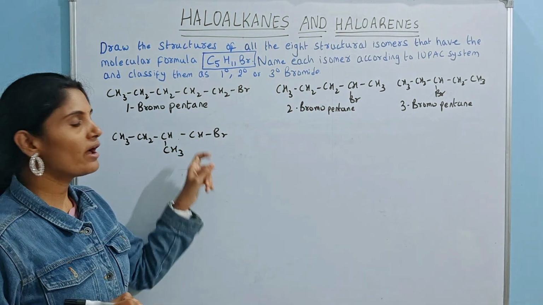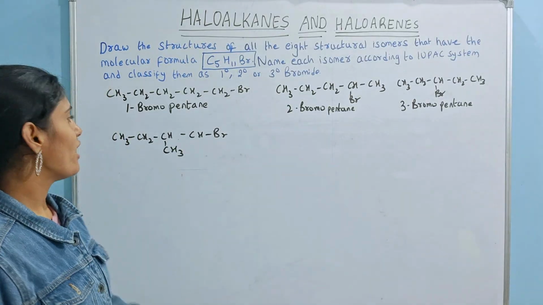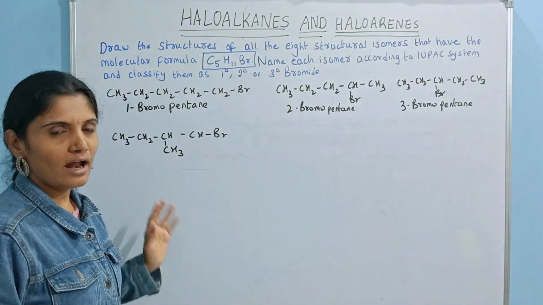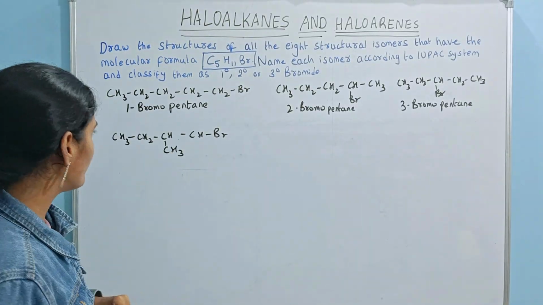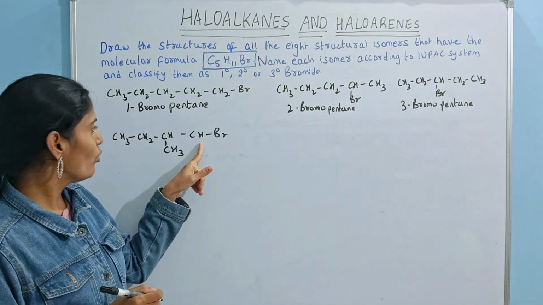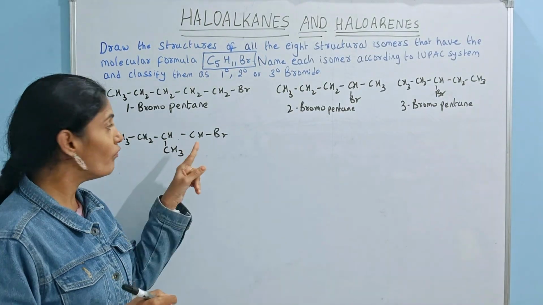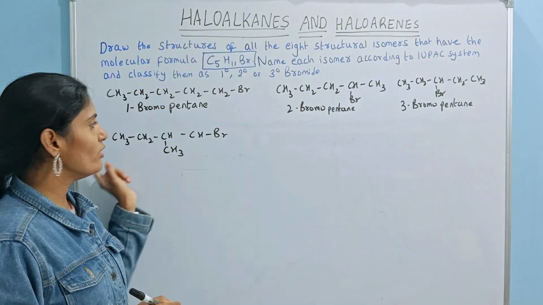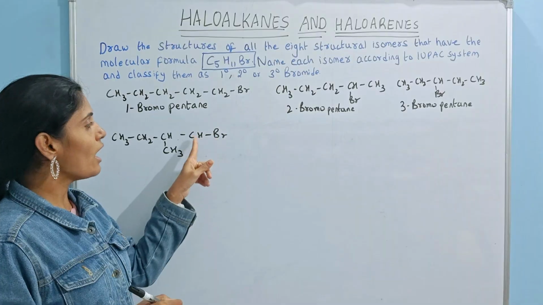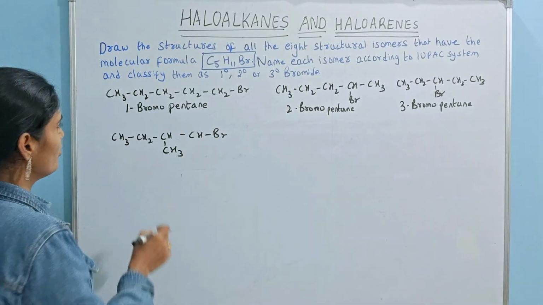Okay, how many carbons am I keeping in the main chain now? 4 carbons. And I put methyl on this carbon. Now how will I write the name of the structure? 1-bromo-2-methylbutane. I will preferably number from this side, because if I number from this side, the carbon holding bromine will get number 1.